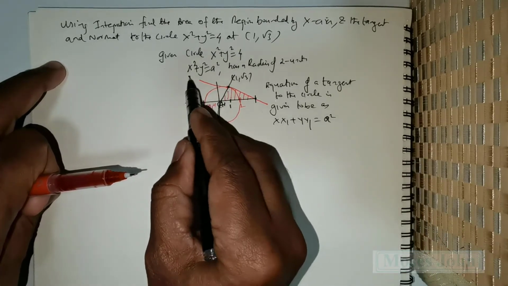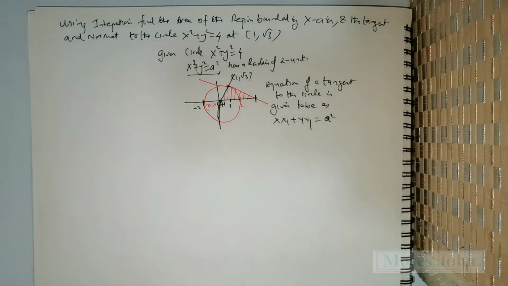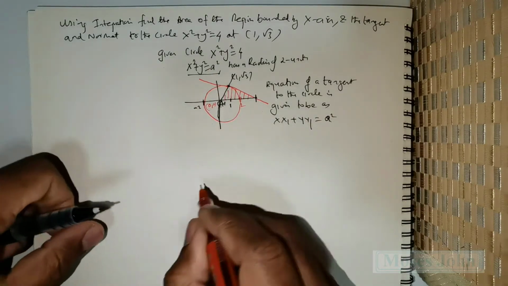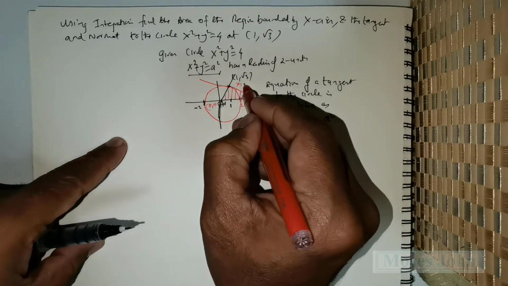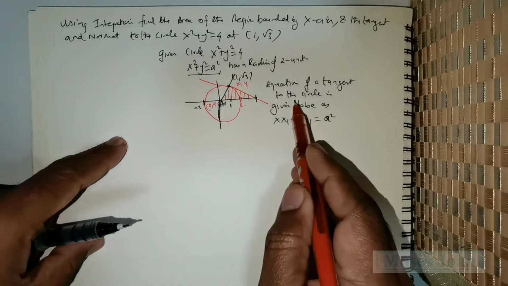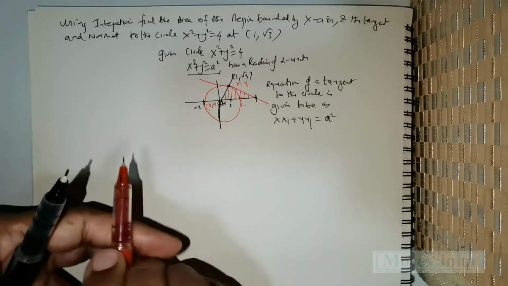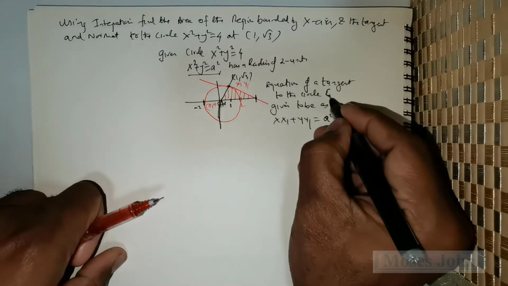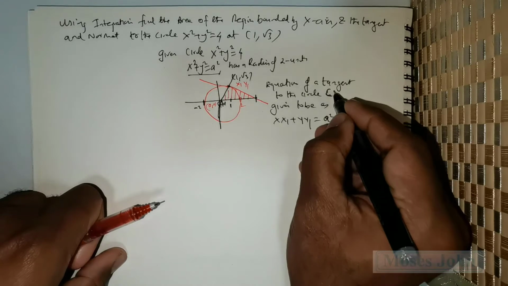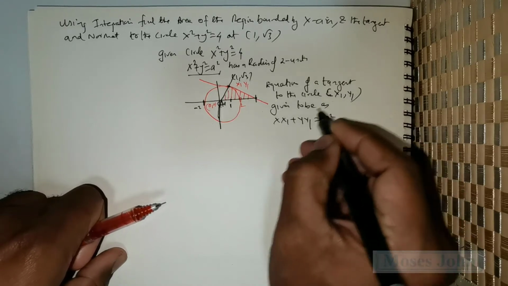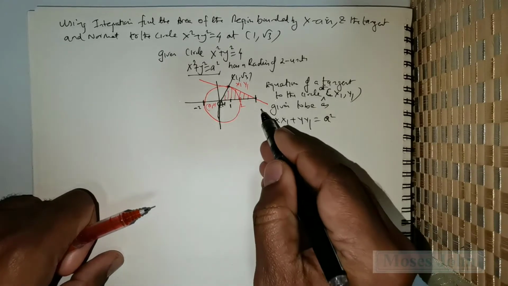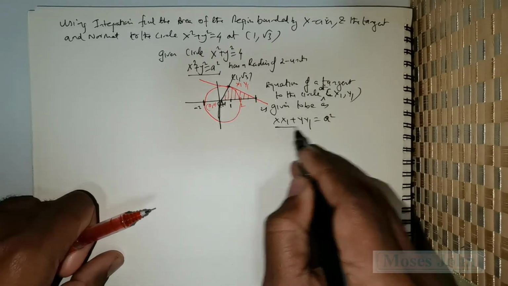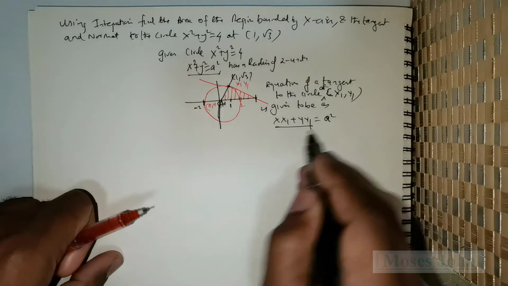Of course, the equation of a circle is taken to be x squared plus y squared equals a squared. So if my point is (x1, y1), the equation of a tangent to the circle at the point (x1, y1) is x x1 plus y y1 equals a squared.